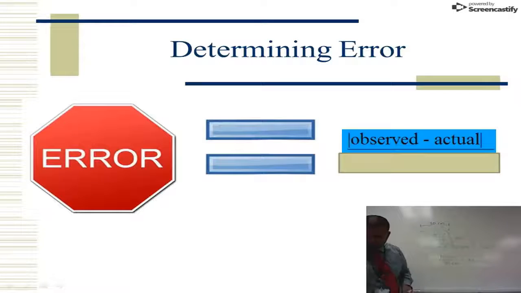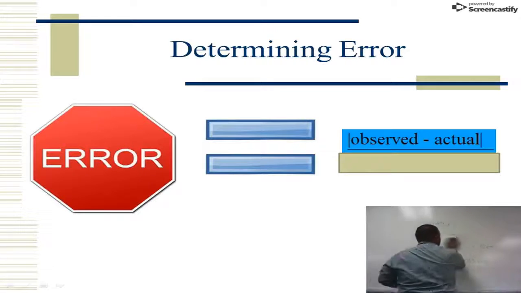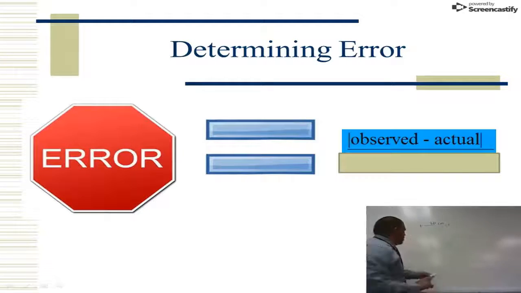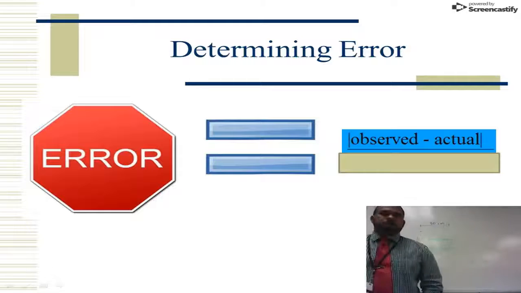Another way to think about this is your grade. If you take a test, a lot of you are familiar with that. If you have a 100 question test, and you get 90 of them right, what's our percent error?